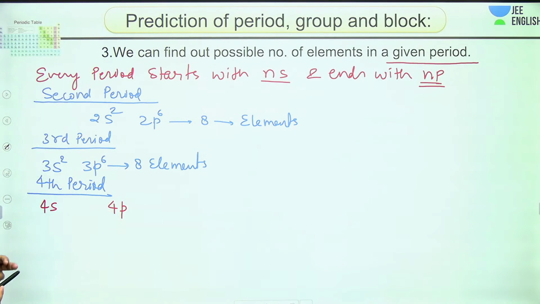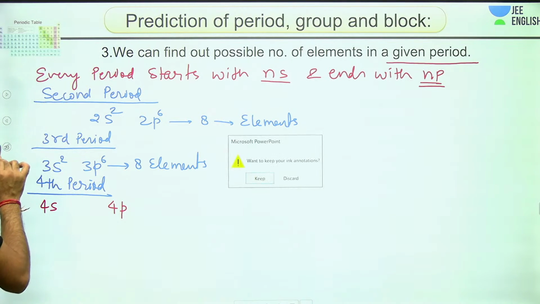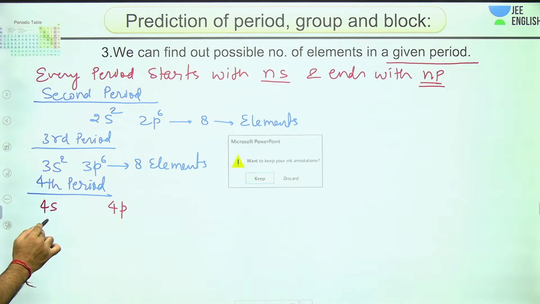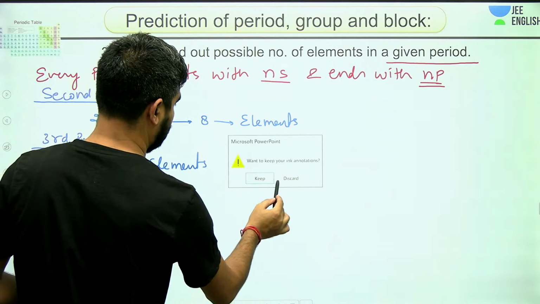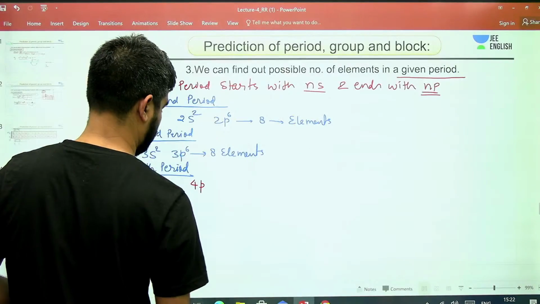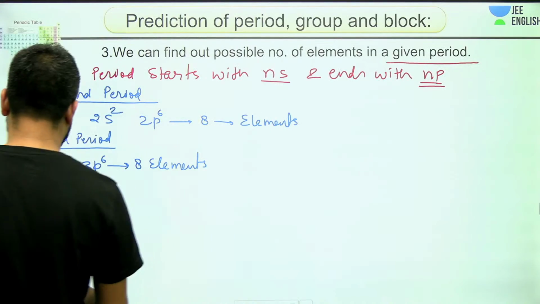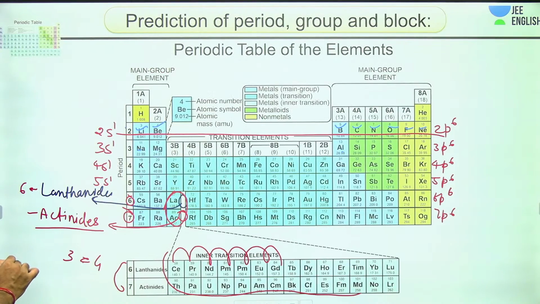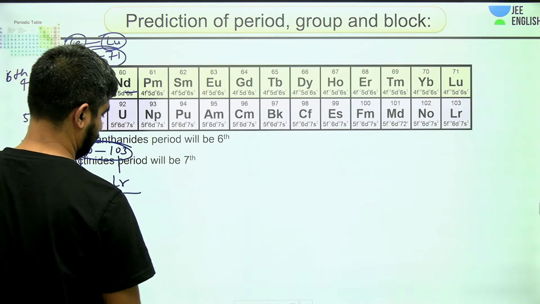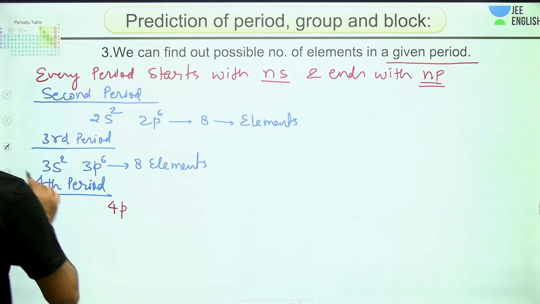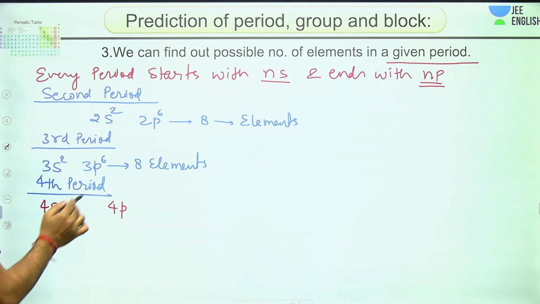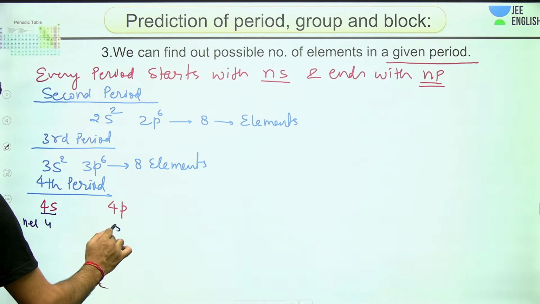In between 4s and 4p, we can have, because if I calculate here n plus l, it will be, guys, n plus l, it will be 4 and it will be 5.